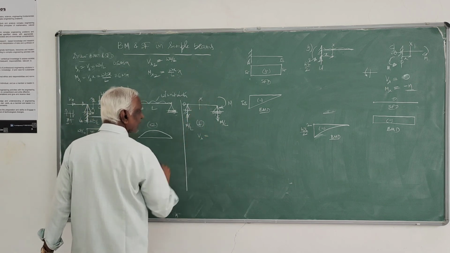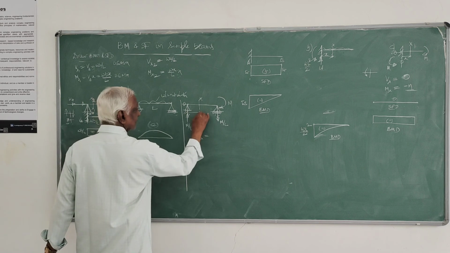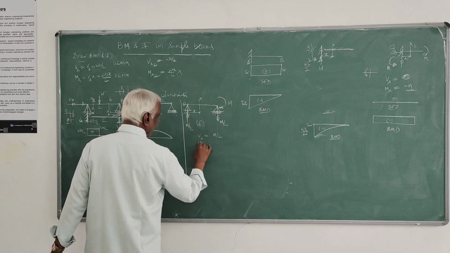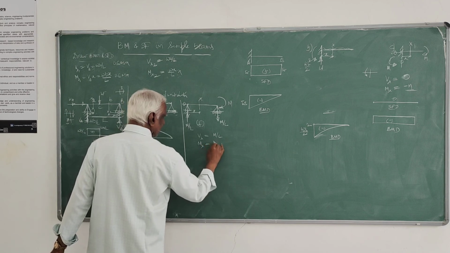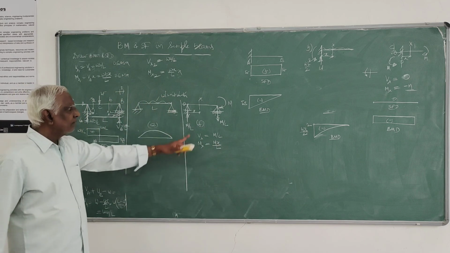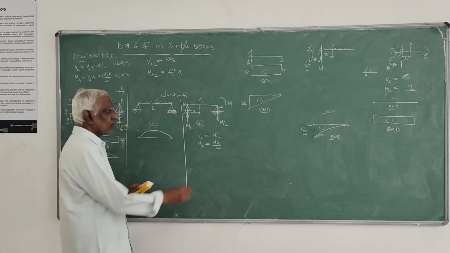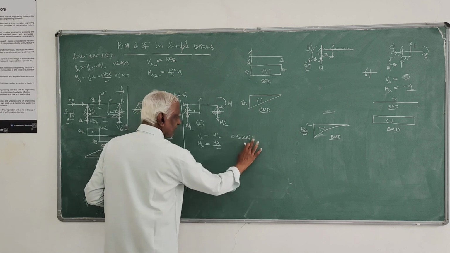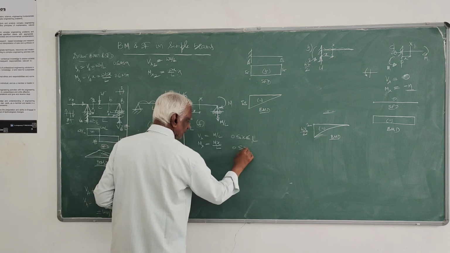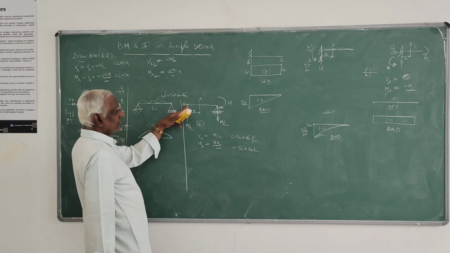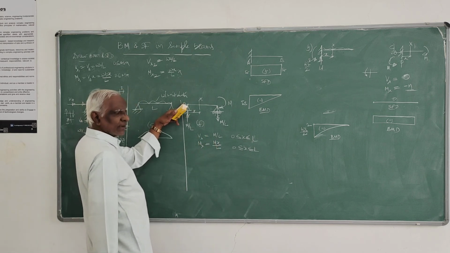Take Vx, that is M by L itself, and Mx equals Mx by L. We can plot. When x equals 0, this holds good between x equals 0 to x equals L, this also. When x equals 0, this VA is M by L itself.